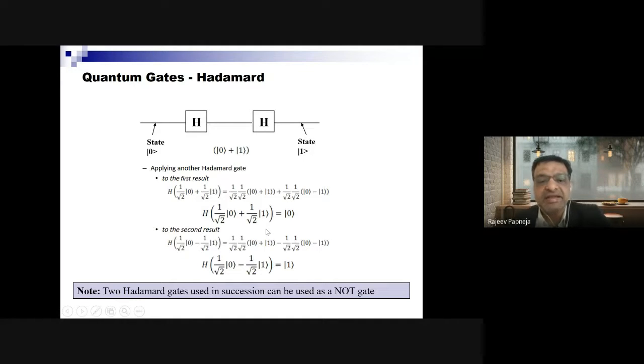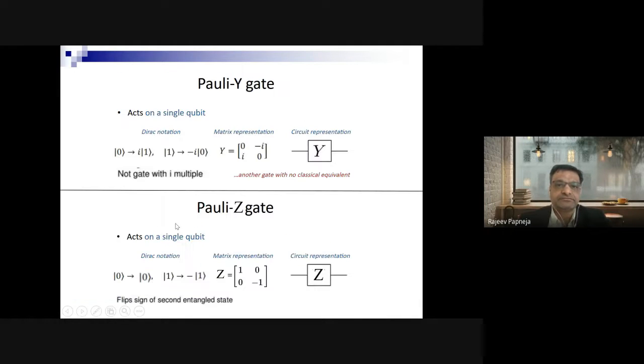And then you again apply the Hadamard gate to the second position, and you will see by the same kind of calculation, you will get 1. So basically what this is saying is that if you apply two Hadamard gates, one after another, it can be used just like a NOT gate. So it's a very, very powerful gate.